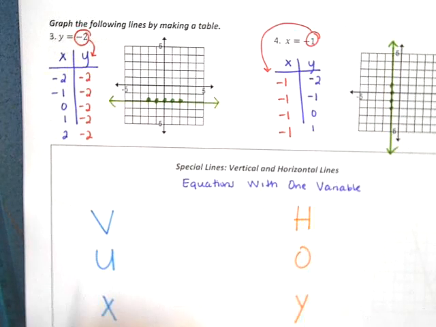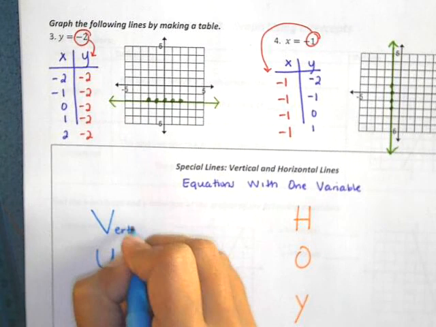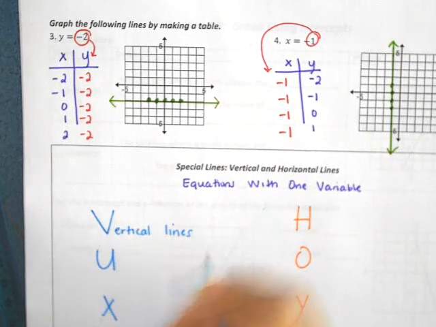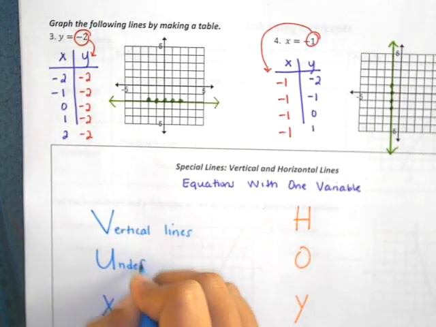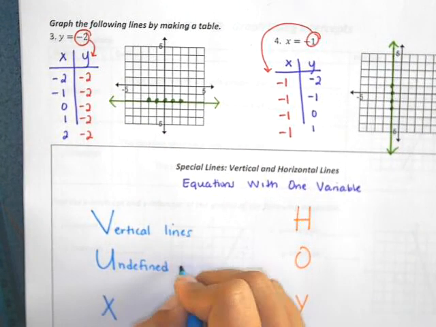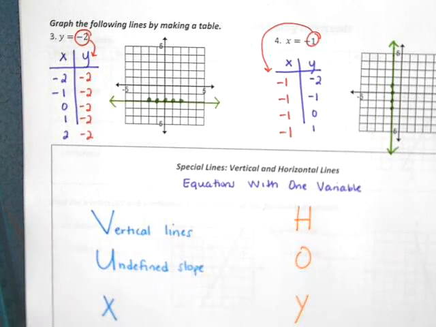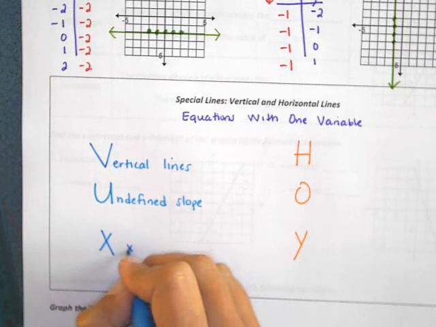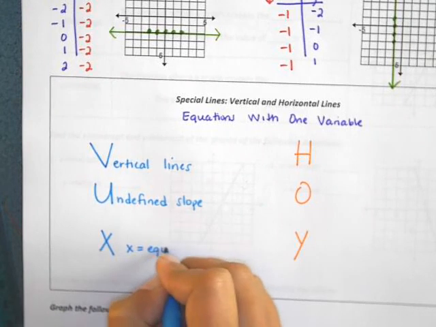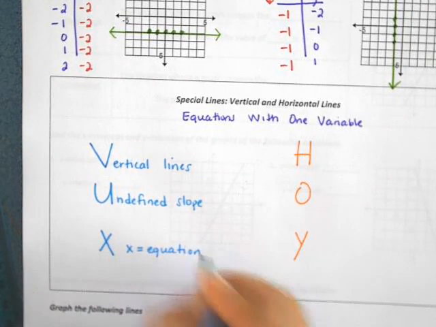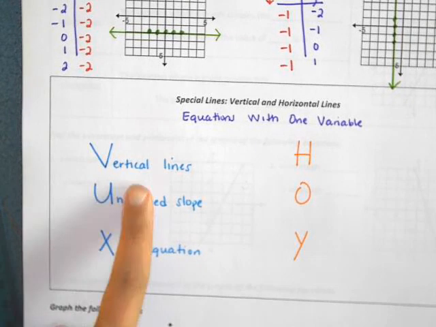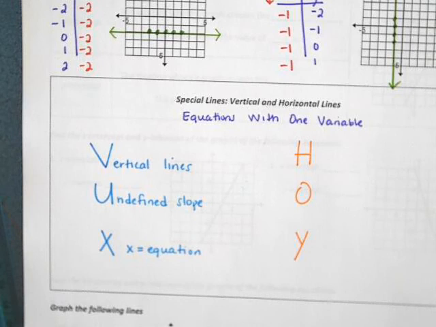The V in Vux stands for vertical lines. The U stands for undefined slope. And we'll learn why that's important in a later part of this chapter. And the X stands for x equals in the equation. So whenever you see an equation that has an x equals, you know it's going to be a vertical line automatically.